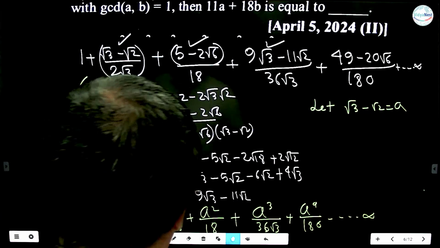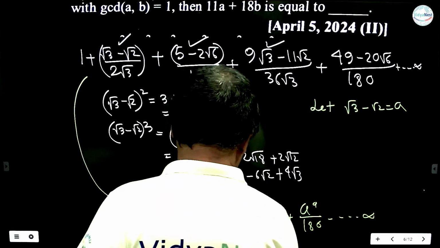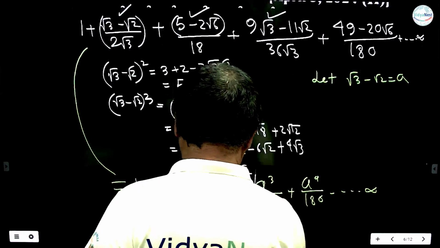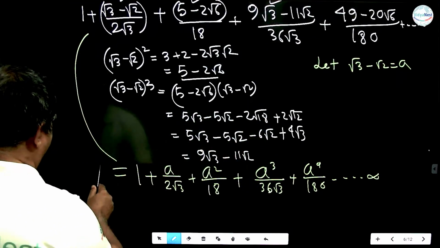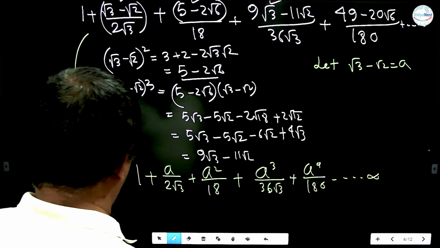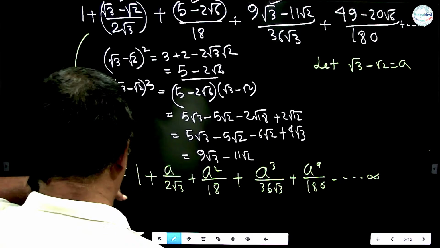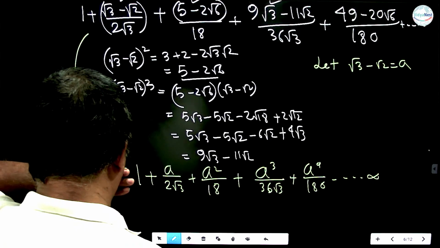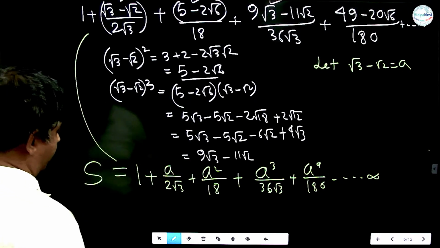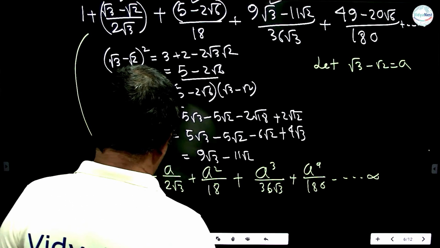Okay. See, that is a series we have got, S. But how to express it in terms of this? 1 by root 3.